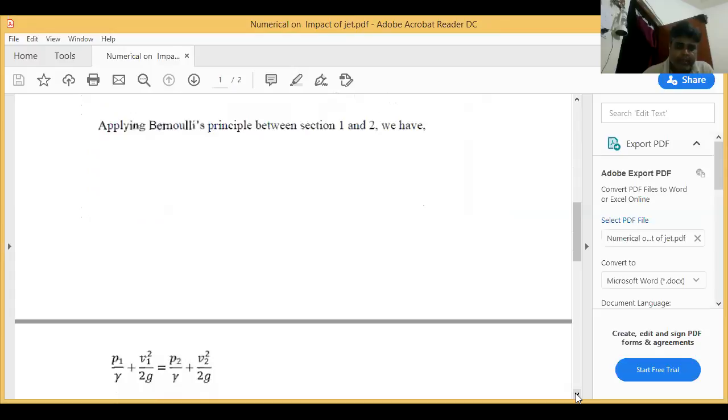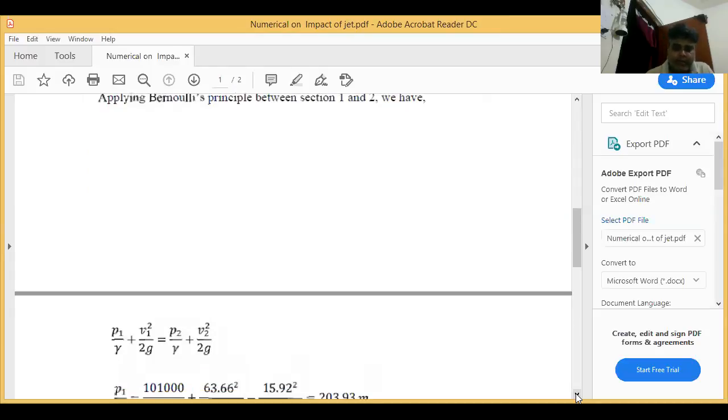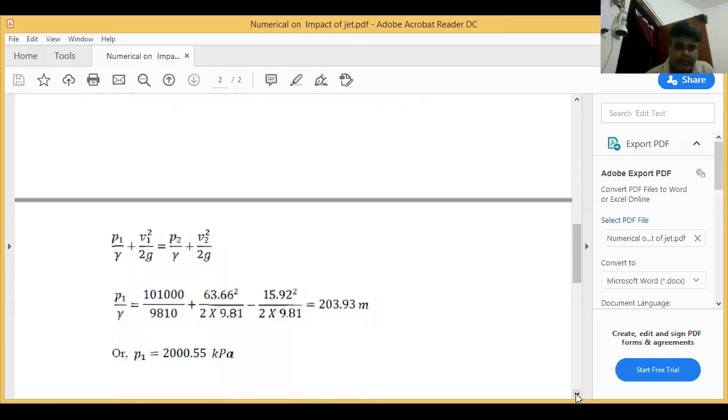Now, the pressure at section 1 is given by applying the Bernoulli equation between sections 1 and 2. You have P1 upon gamma plus V1 square upon 2g, that means pressure head at section 1 plus velocity head at section 1, is equal to pressure head at section 2 plus velocity head at section 2.